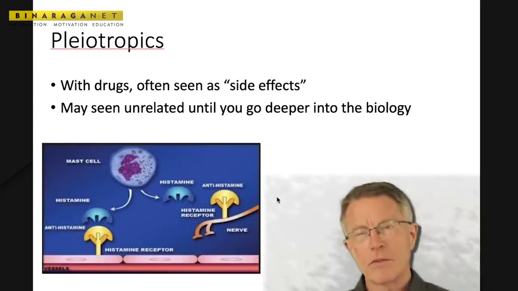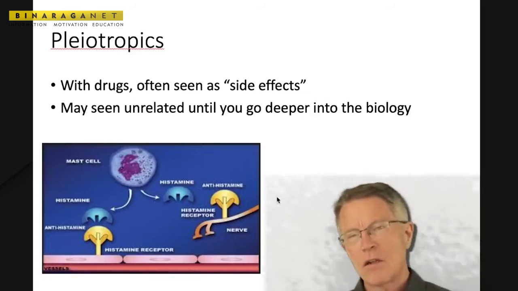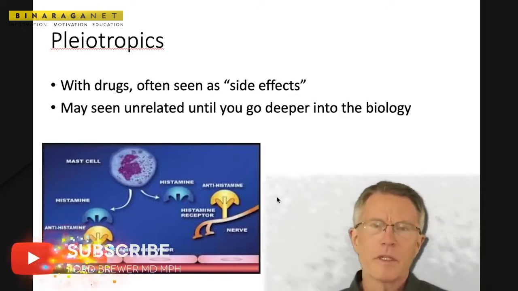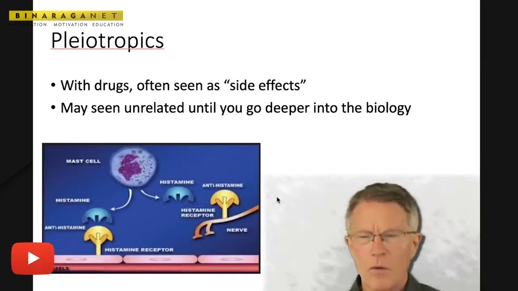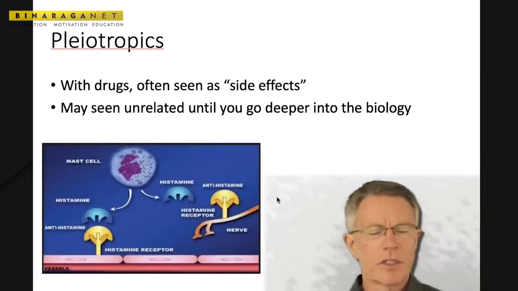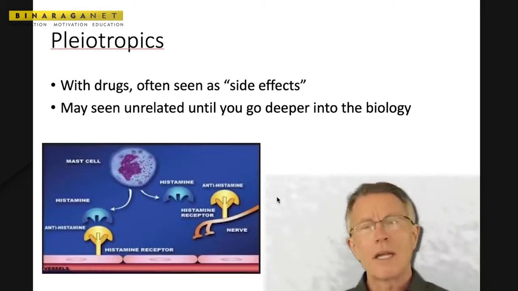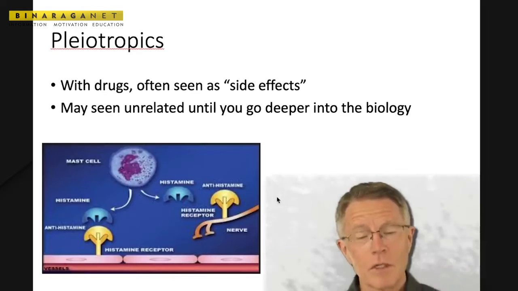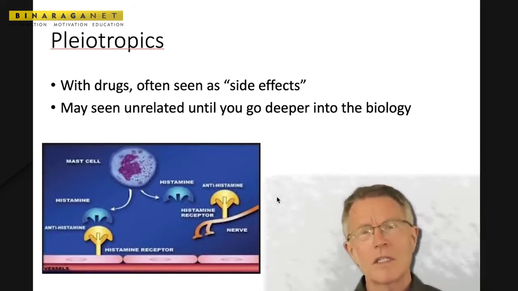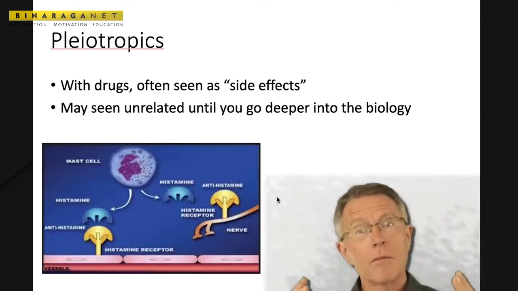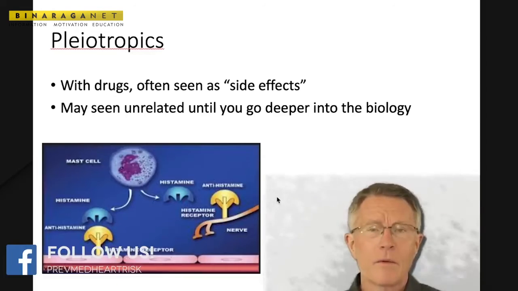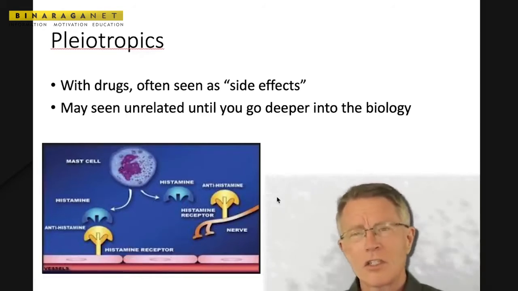Now, here's the other thing to think about. As I said, all these different effects may seem unrelated until you go a little bit deeper. For example, with Benadryl, what's sleep got to do with anti-allergy, and what's all that got to do with itching? All of that basically has to do with a thing called histamine. And this is an antihistamine. When it blocks histamine, it starts having all of these different effects, pleiotropic effects. With the Marfan's gene, it changes the way the body makes connective tissue.